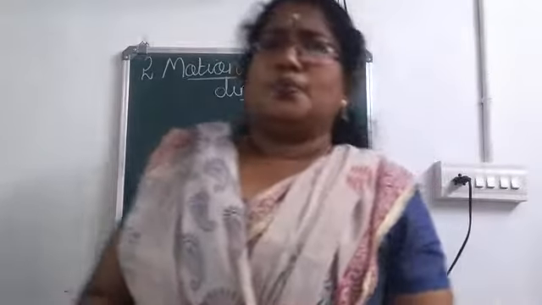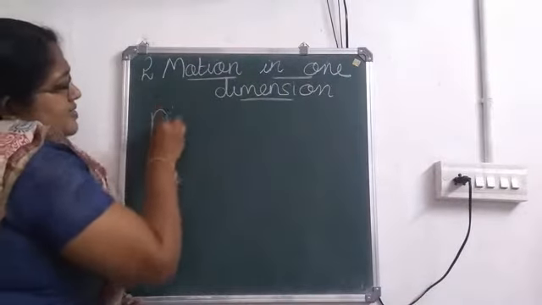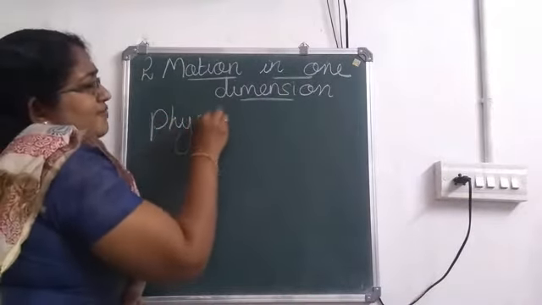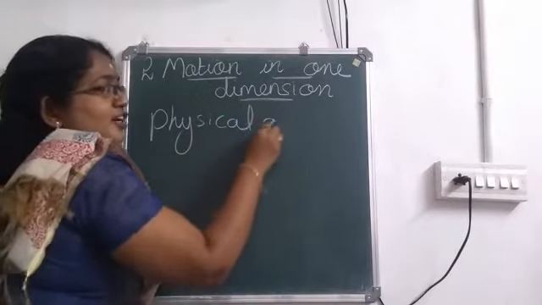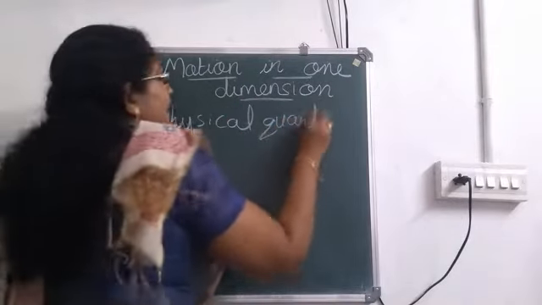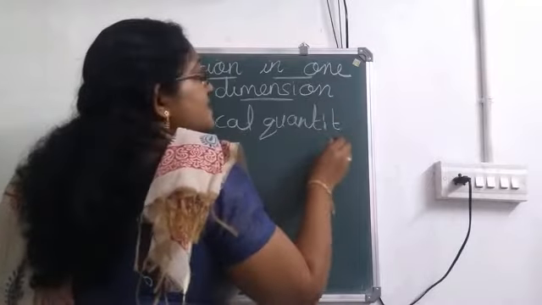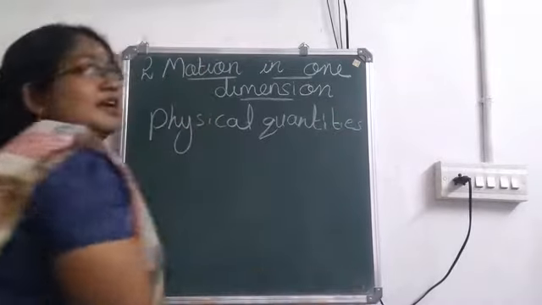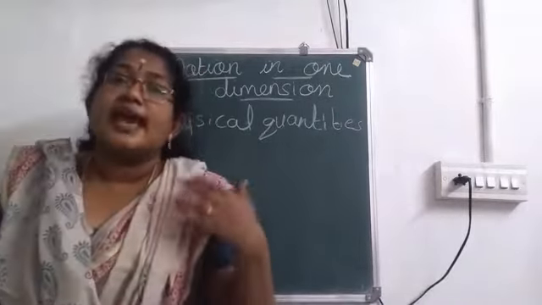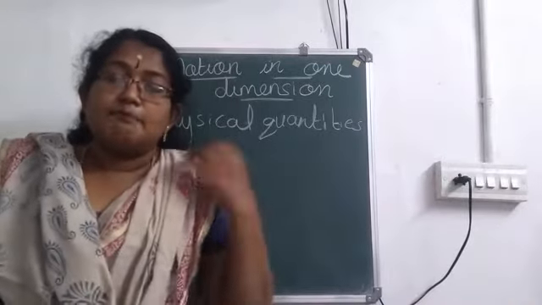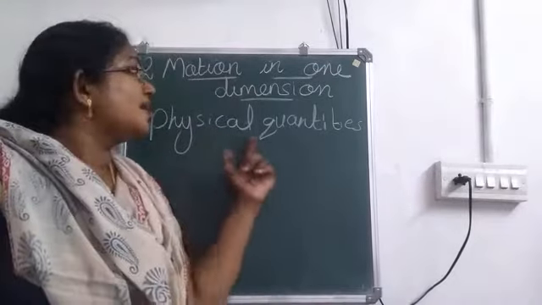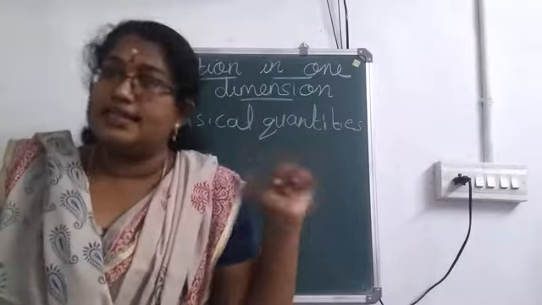So, what are physical quantities? In the first chapter, we have already learned about physical quantities and measurements, isn't it? Do you remember what physical quantities are? Quantities that can be measured. Measurable quantities are known as physical quantities.